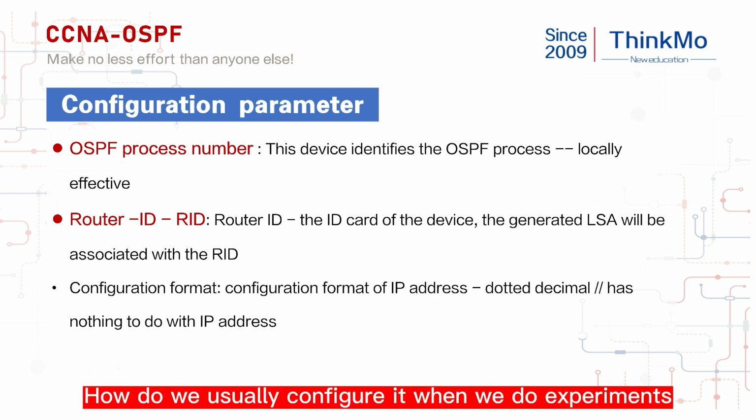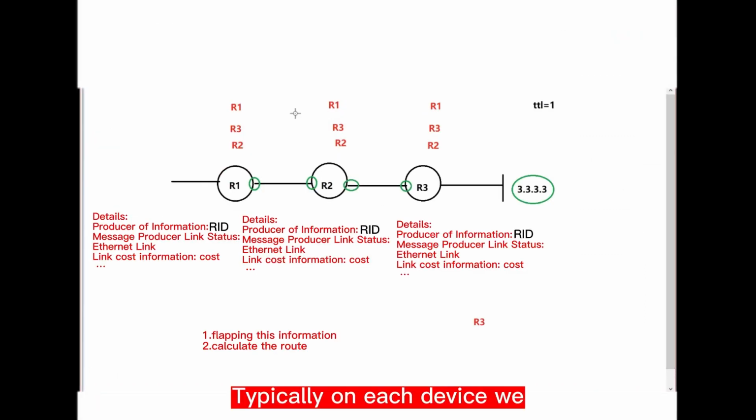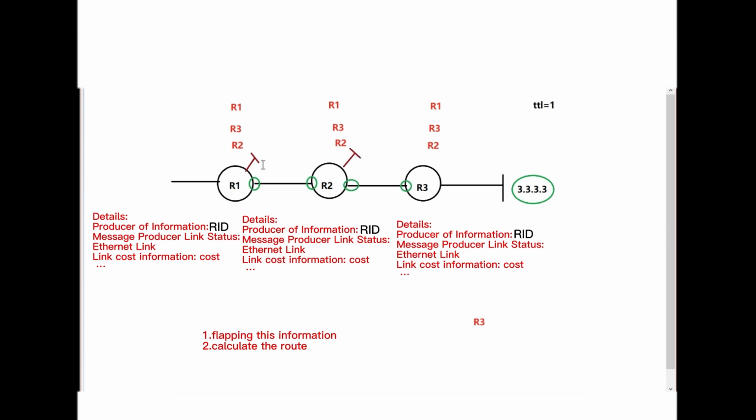How do we usually configure it when we do experiments? Typically, on each device, we bring up a loopback port. Bring up a loopback port on R1. On R2, also bring up a loopback port. There is already a loopback port on R3, which is 3.3.3.3. R1 here is 1.1.1.1.